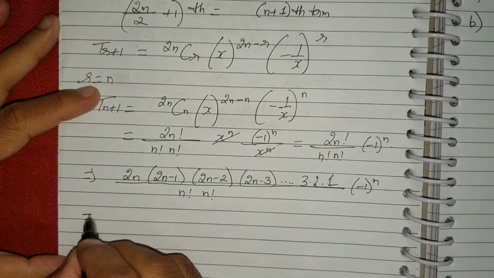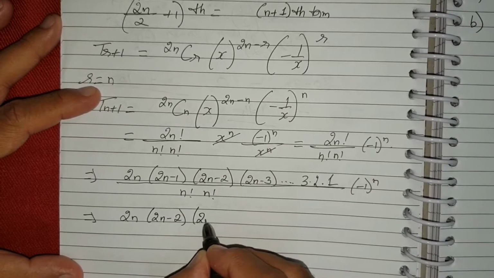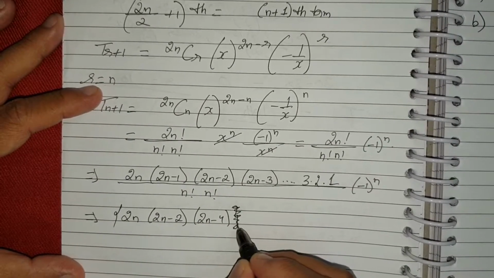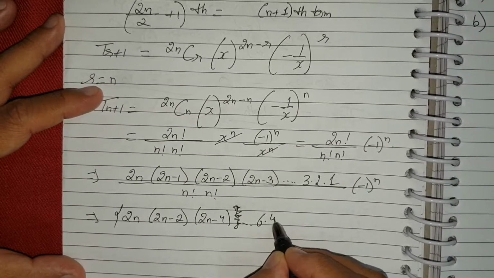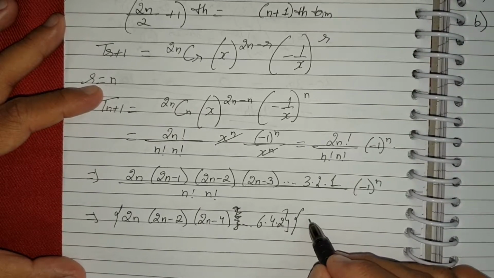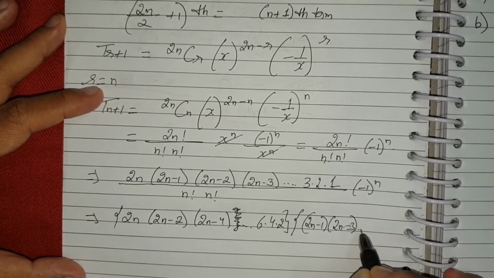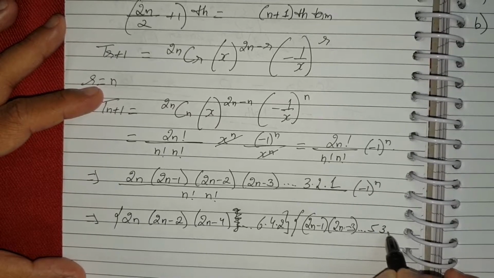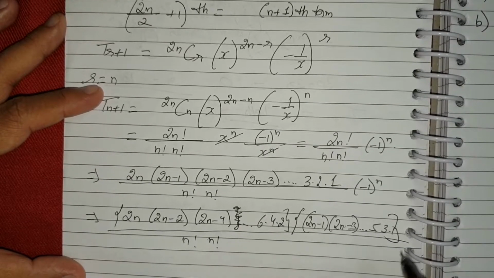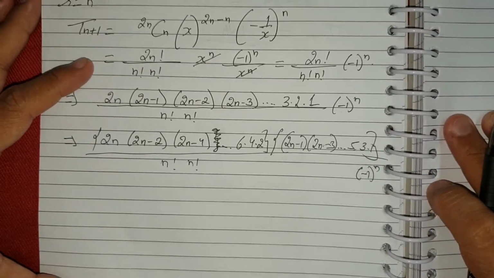Starting with the even numbers: 2n, 2n minus 2, 2n minus 4 and so on up to 6, 4, 2, and then comes the odd: 2n minus 1, 2n minus 3 and so on 5, 3, 1, upon n factorial, and at last this was into minus 1 to the power n.